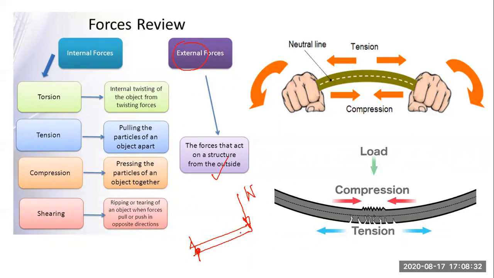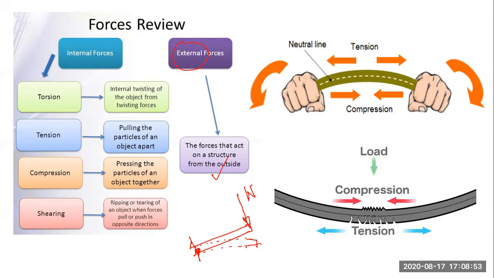And due to that application, the beam or the slab will try to bend. If the weight is higher than it was designed for, it will bend. If not, it will not bend, but the tendency is bending.